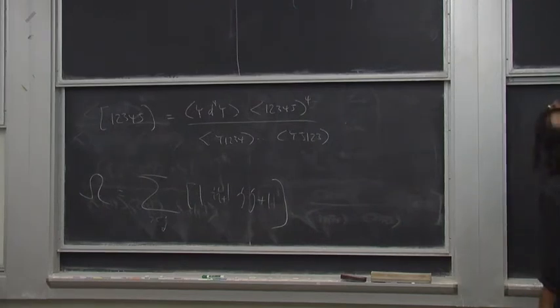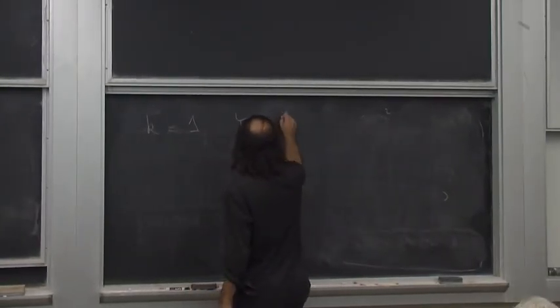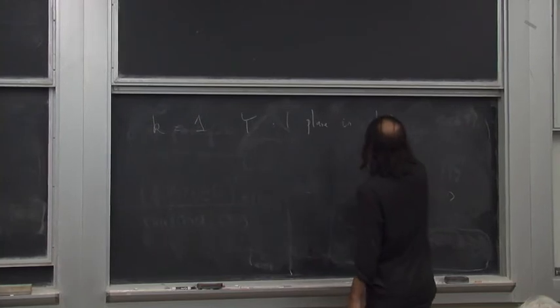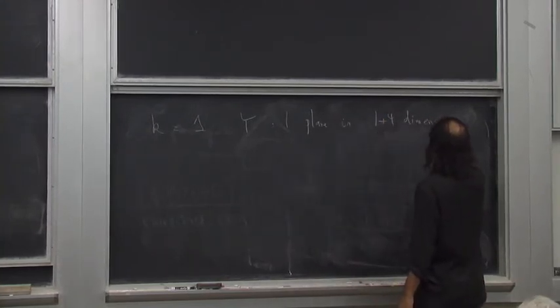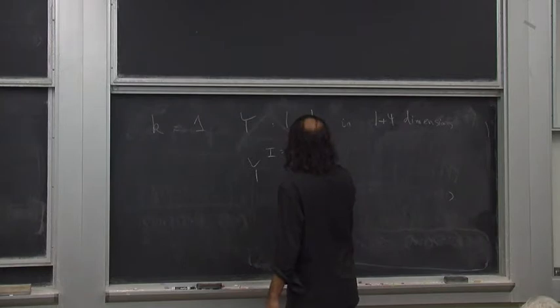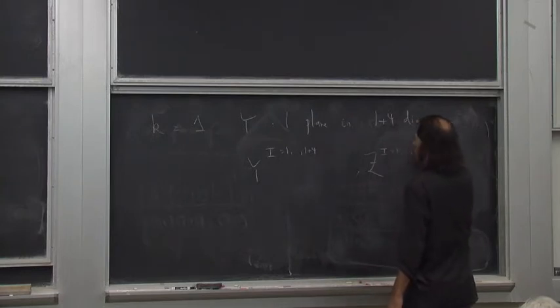In general, for general K, so this was K equals 1, where Y is a 1-plane in 1 plus 4 dimensions. Said another way, there's just some y capital I, and I runs from 1 to 5, or 1 plus 4. And the z's also are I equals 1 to 1 plus 4.